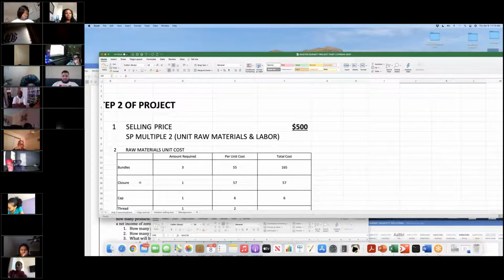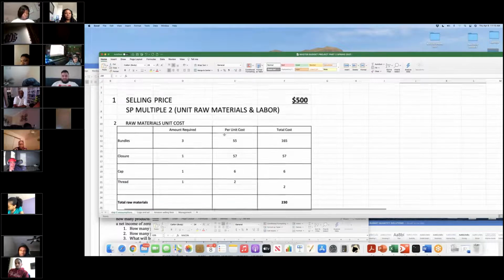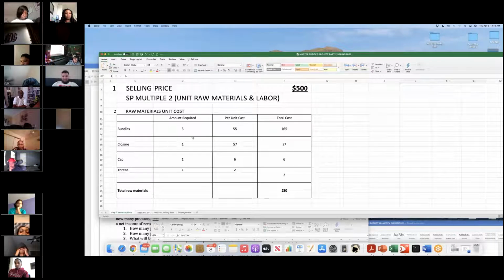Okay, so let's go back to the first sheet, which lays out what you're expected to do. You have to get a selling price as a multiple of raw materials. So if you have more than one raw material, then you have to list all of those raw materials and add them together. That's why you had some of that practice. Now, we're on a unit cost, and when this team was making this, sometimes they needed more than one item.